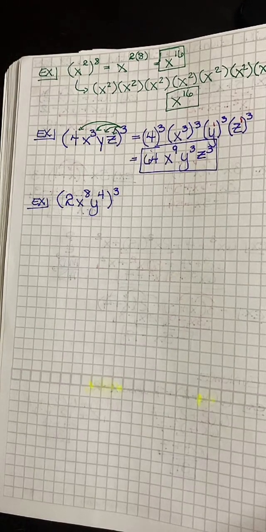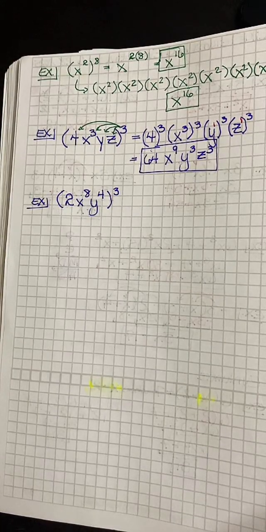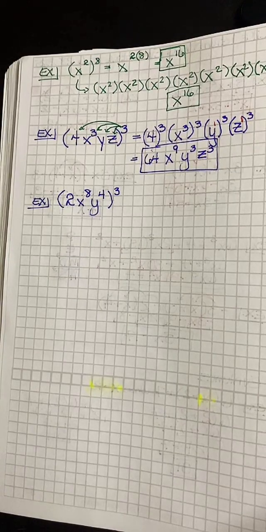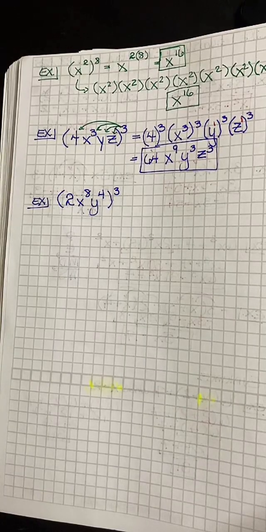Okay, so Ohio is saying 8x to the 24th, y to the 12th. And Coach is saying 8x to the 24th, y to the 12th. Debbie's saying the same. I'm starting to see a trend. Okay, Miss Honeywell, thank you for the follow.